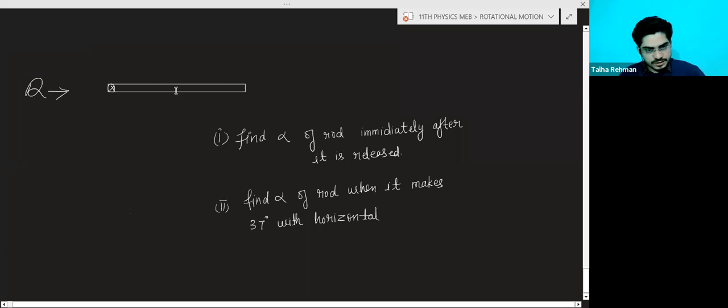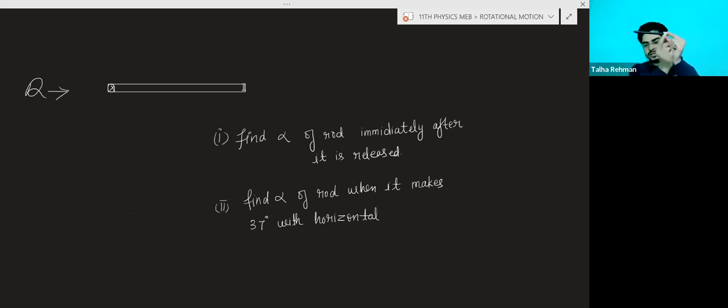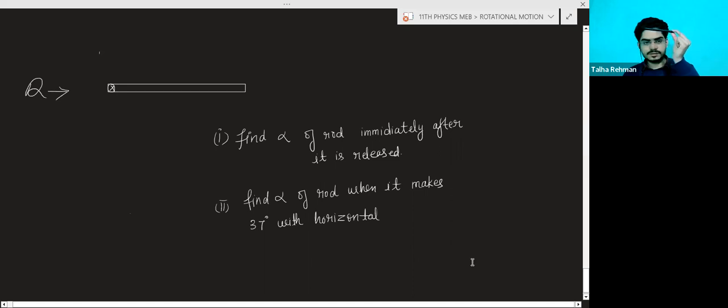So now this rod is in this condition. Suppose this is a rod, pivoted from this point. Due to the weight acting in the downward direction, this rod will rotate like this.